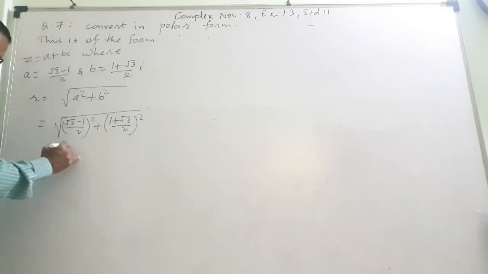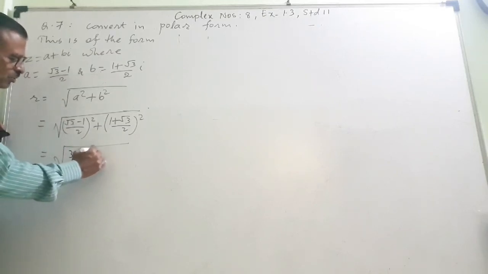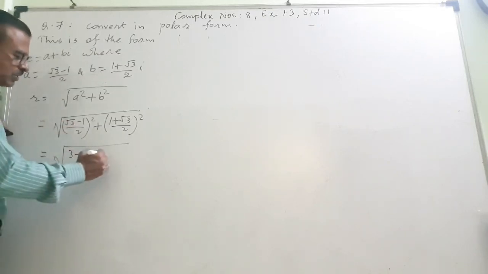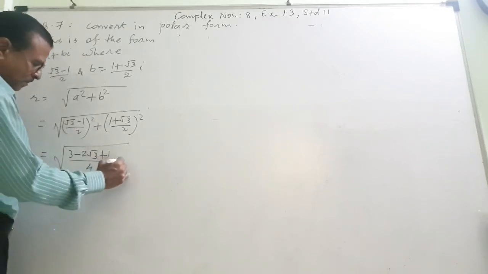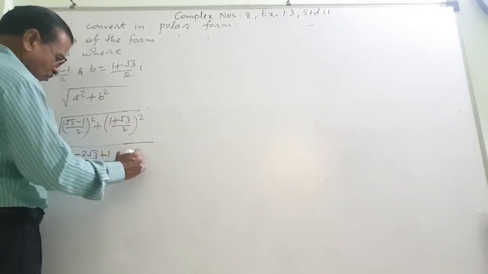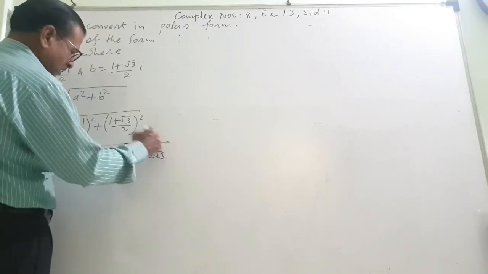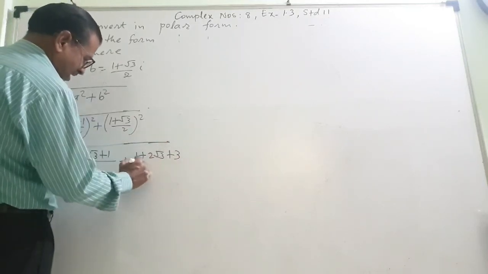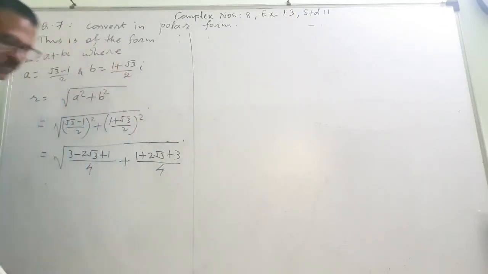So that is equal to a minus b bracket square: a square minus 2ab plus b square. a square is 3 minus 2 root 3 plus 1 upon 2 square is 4, plus this also the same way: 1 plus 2 root 3 plus b square means root 3 square is 3 upon 2 square is 4.